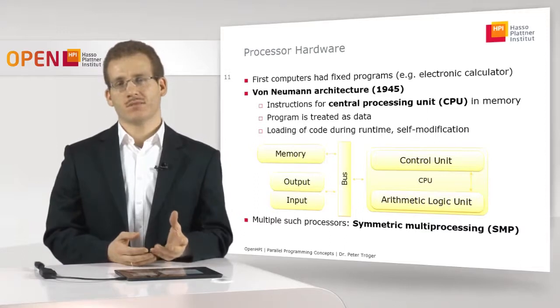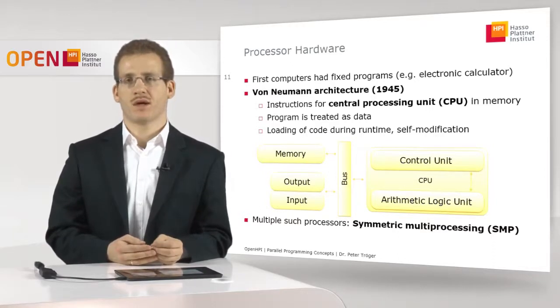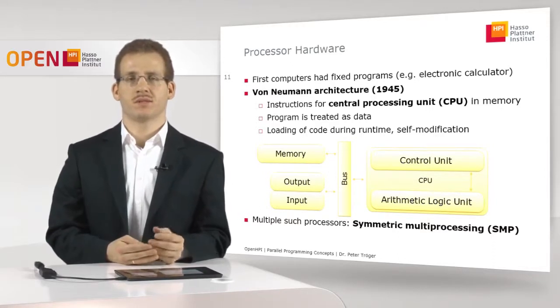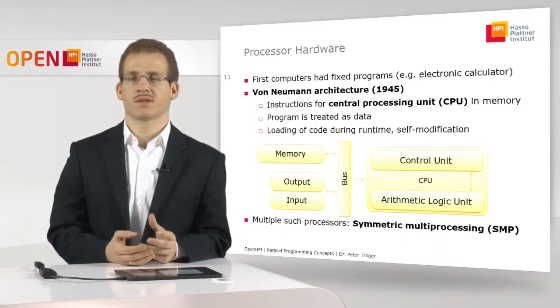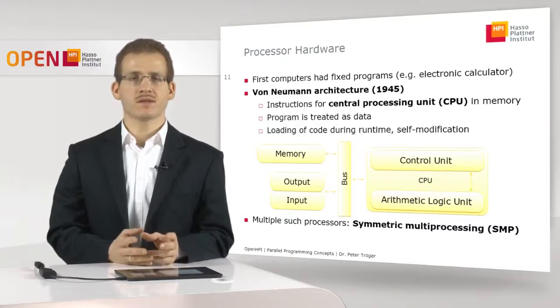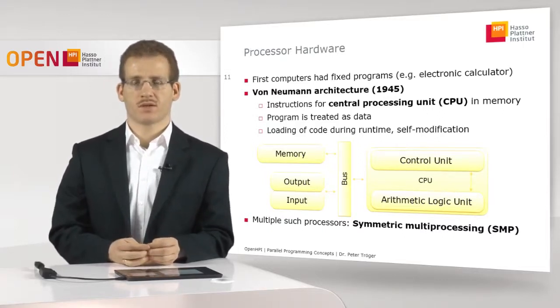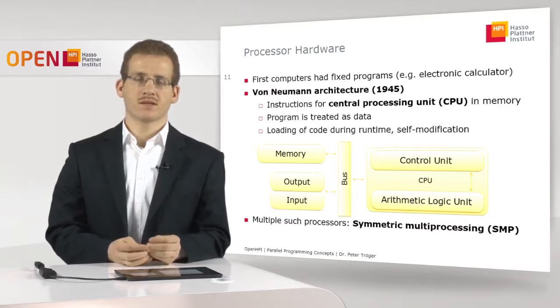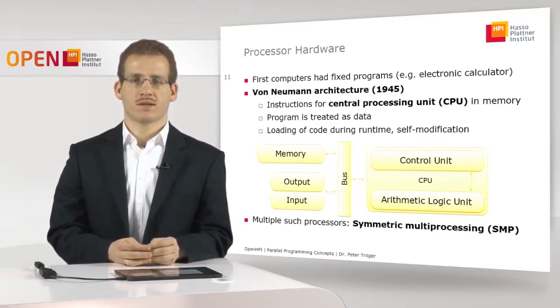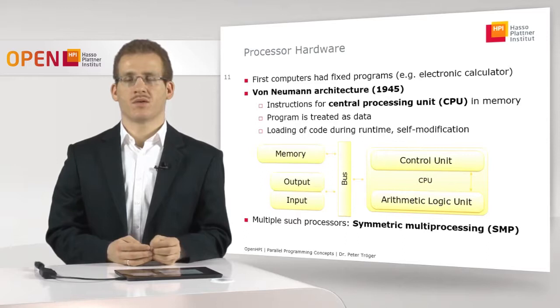The basic building blocks in the von Neumann architecture are the control unit and the arithmetic logical unit. They both together form the central processing unit, the CPU, or what we typically call a processor today. Beside this, we have some kind of system bus, which is in newer systems exchanged by an interconnection network. And this system bus now connects the main memory, the RAM, and input and output devices with the CPU in order to get an overall computer system.